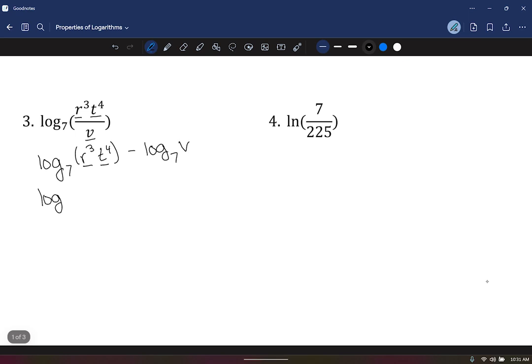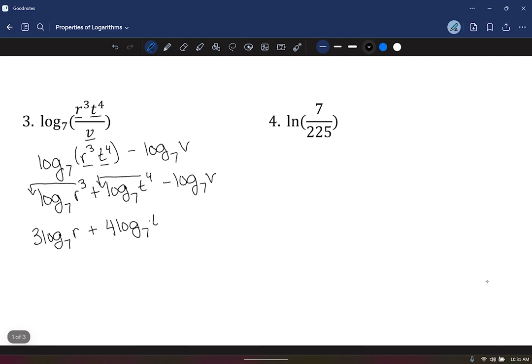So we have log base 7 of r to the third plus log base 7 of t to the fourth minus log base 7 of v. Now, again, I'm not fully expanded because I still have those exponents left, so we're going to pull those to the front. So we have 3 log base 7 of r plus 4 log base 7 of t minus log base 7 of v.